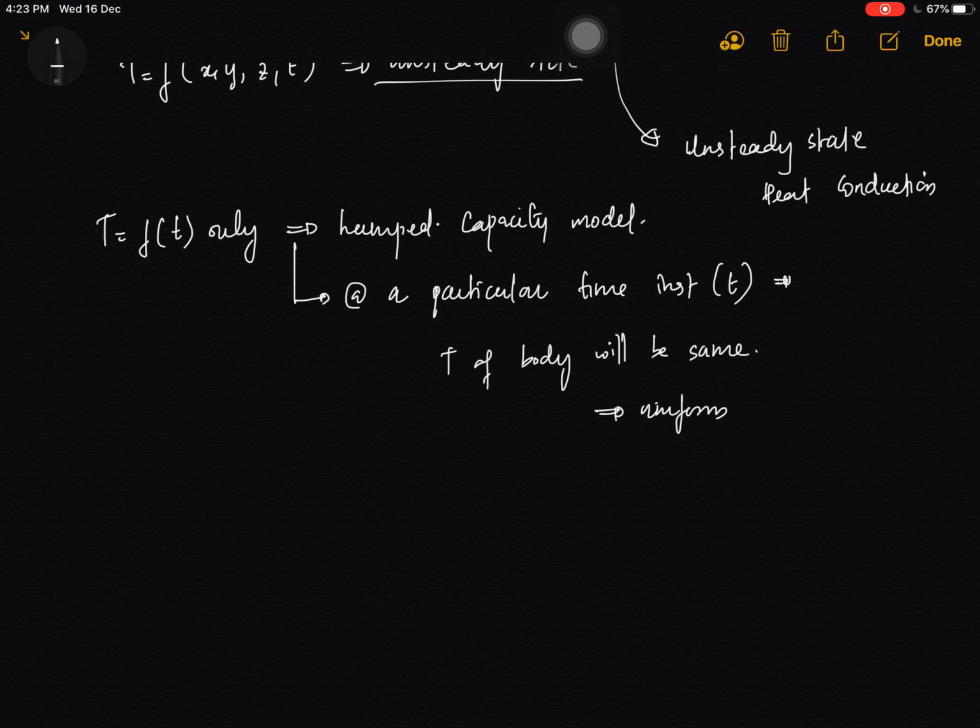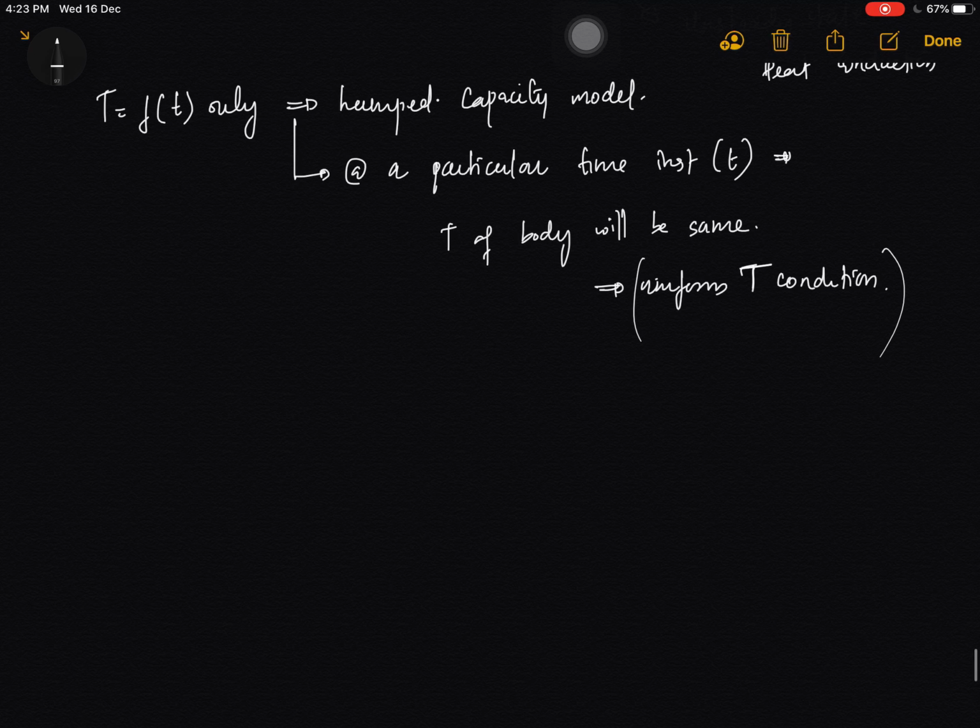This is nothing but the uniform temperature condition. So the basic assumption of our unsteady state heat conduction in the lumped capacity model is the uniform temperature condition. I will explain this in detail.